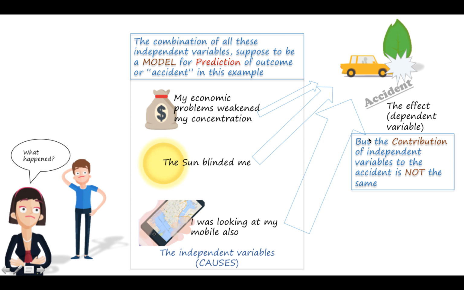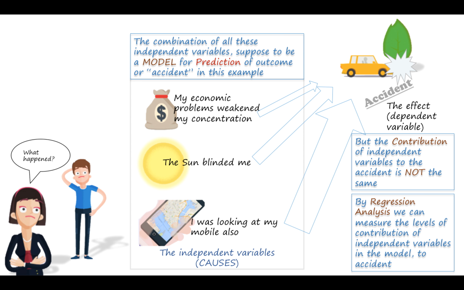So the contribution of the independent variables is different, and we want to find a model that includes all of these problems, to find out the regression, the outcome of this model. And we use regression analysis to find this. But remember, not all the causes are what we choose to put in a model. A model is not necessarily a correct model.